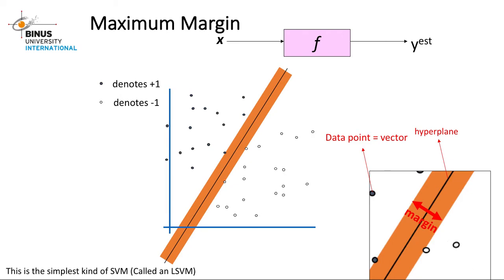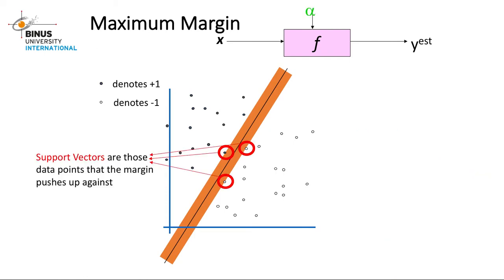This is the simplest kind of linear support vector machine. What is actually a support vector? Support vectors are those data points that the margin pushes up against, something at the very edge, the border, like this point and this point.